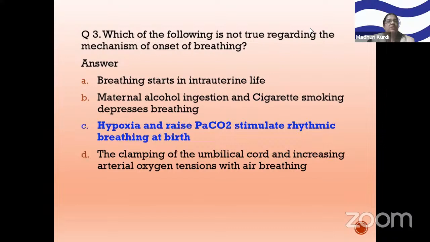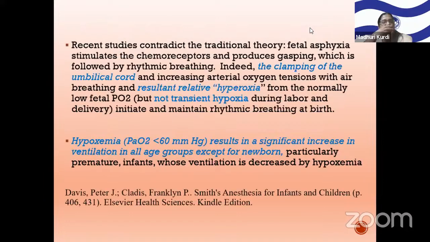Please discuss the options and answers. Yes, let us look at the answers. The recent studies contradict the traditional theory. Fetal asphyxia stimulates the chemoreceptors and produces gasping, which is followed by rhythmic breathing.